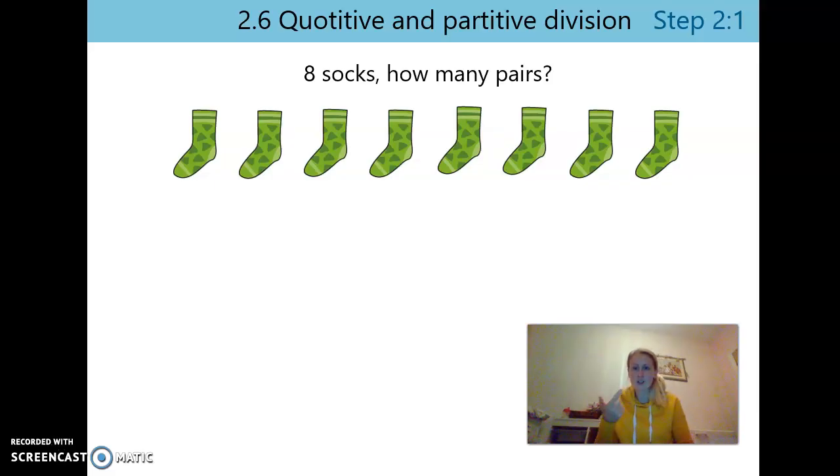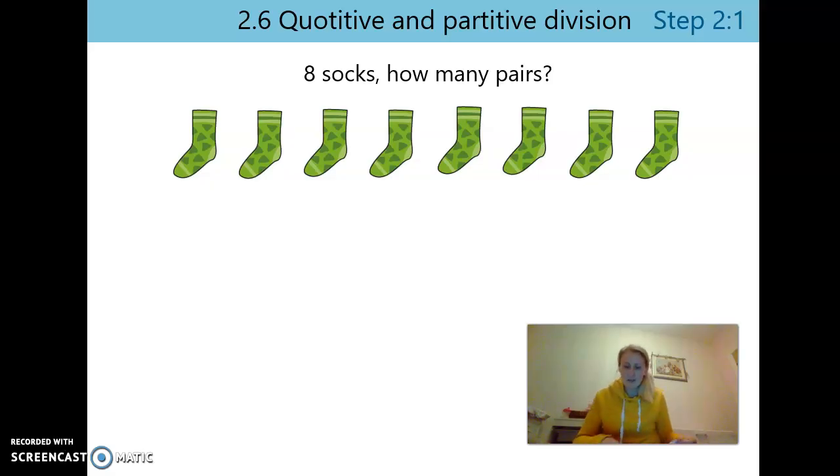You go get 8 socks, I'll go get 8 socks, okay? You can pause it if you need to, whilst you get your socks, and I'm going to get my socks, okay?